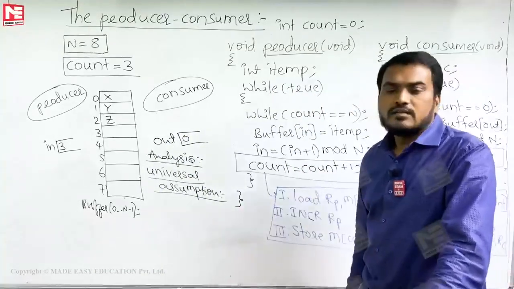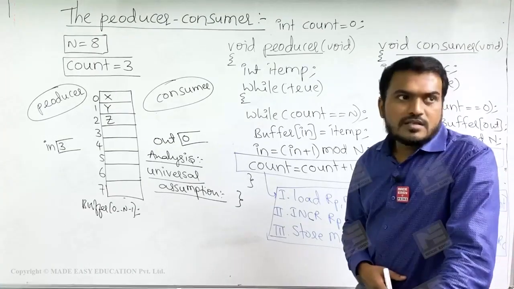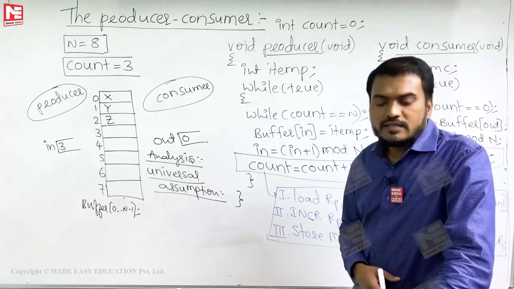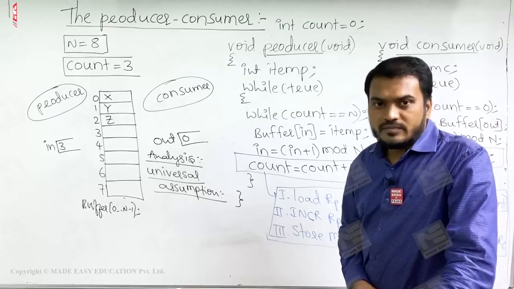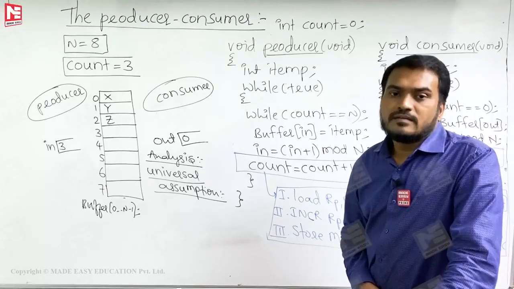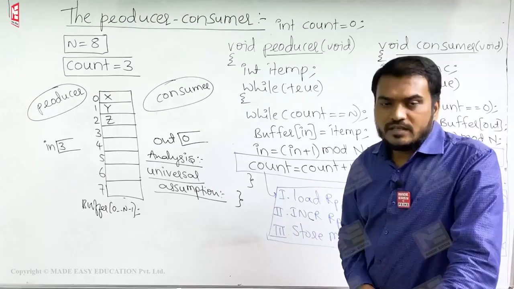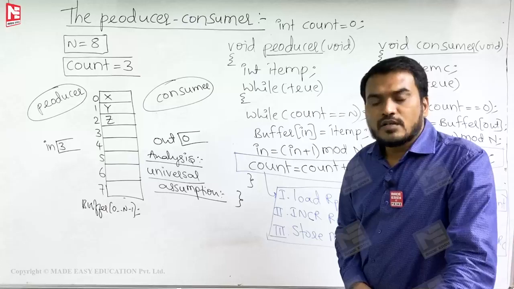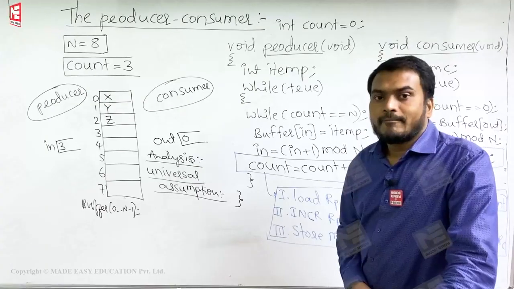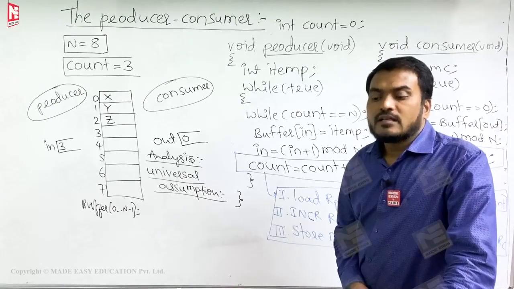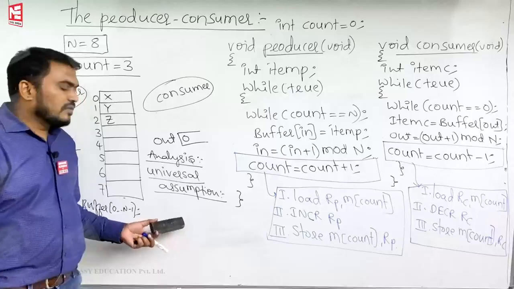The running process can get preempted at any point of time after completion of the current instruction. Okay, understand here? So that is the universal assumption.